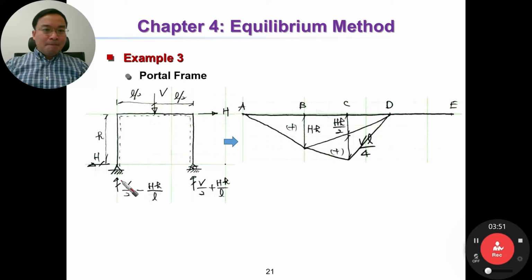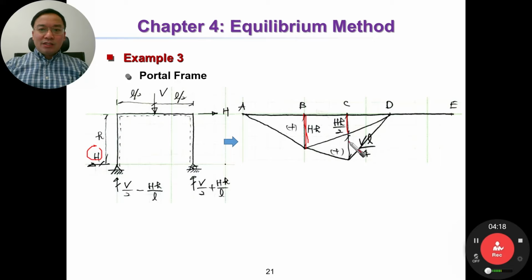We have A, B, C, D, E. Due to H here, a shear here, then we have moment here is H times h, upper H and lower H. And this one is H times h, and more H times h divided by 2 because of half of this one.